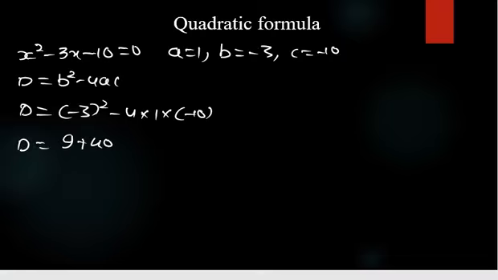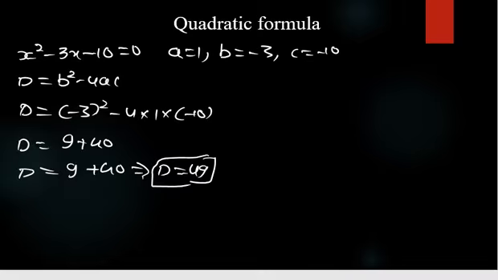So D is equal to 9 plus 40, or D is equal to 49, which is a positive value. So we'll get two distinct roots.